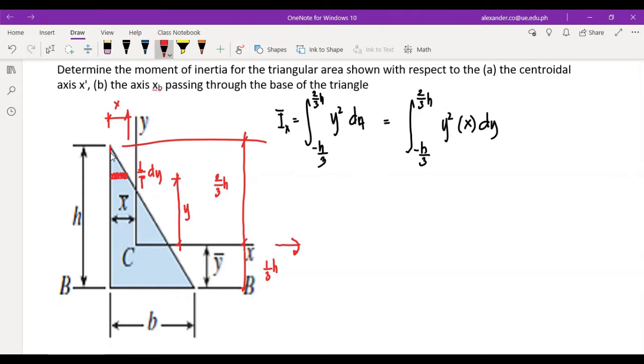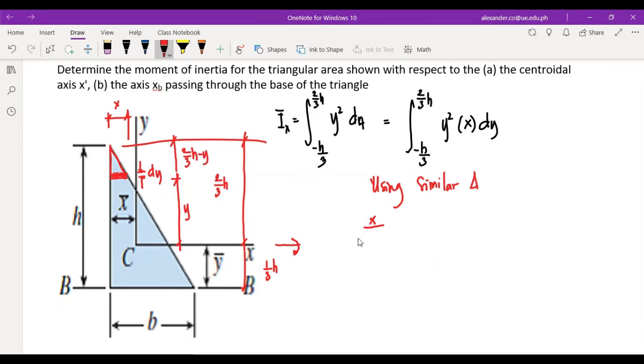We have similar triangles. This is the smaller triangle, and its base will be x. Using similar triangles, the small triangle has base x. Its height is this one, simply 2/3 h minus y.